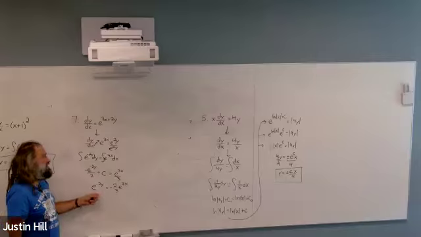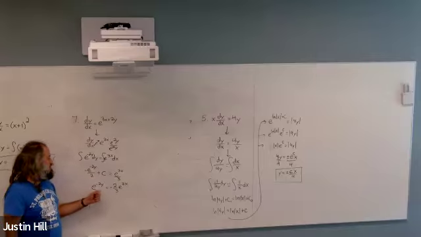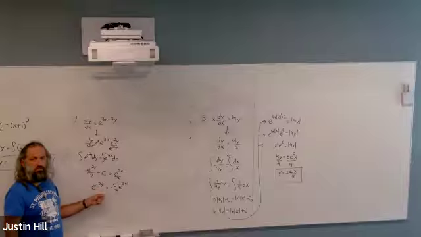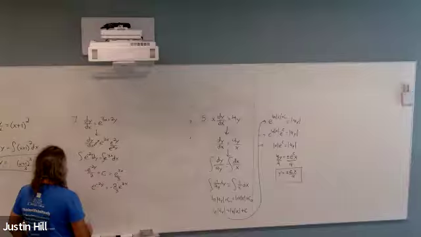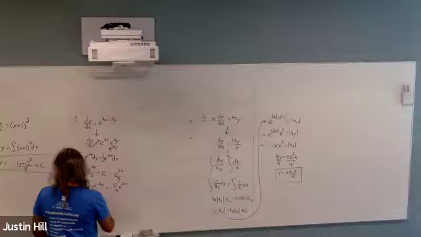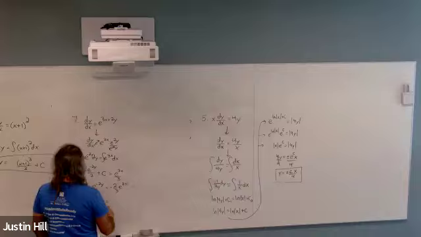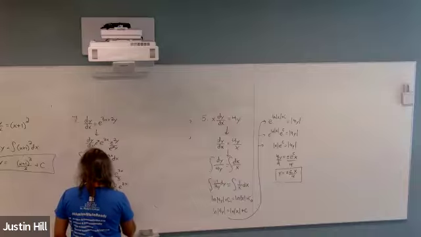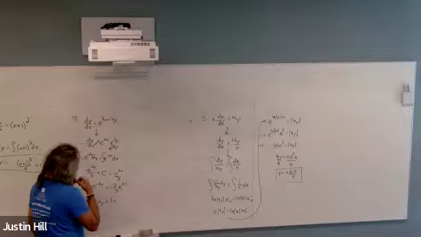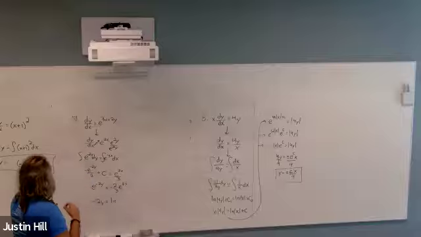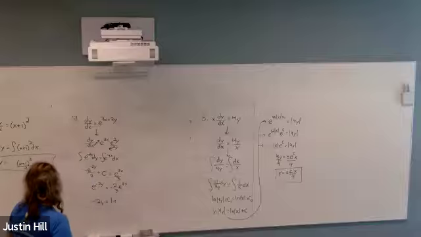Then what we can do, kind of opposite the problem that we just did, is turn this into a natural log. So this is going to be negative 2y equals natural log... although actually, hold on a minute.